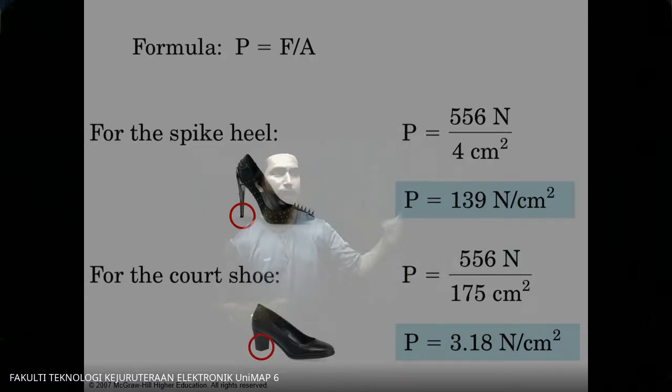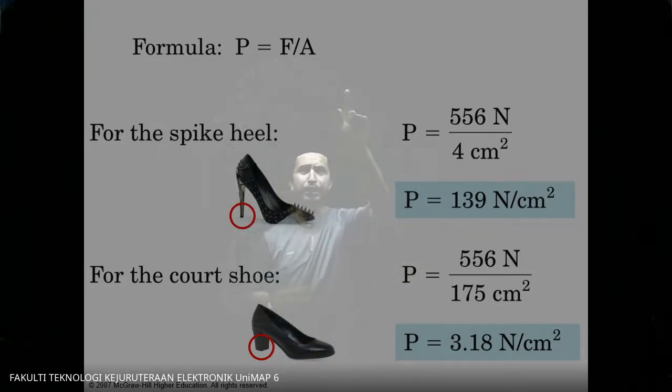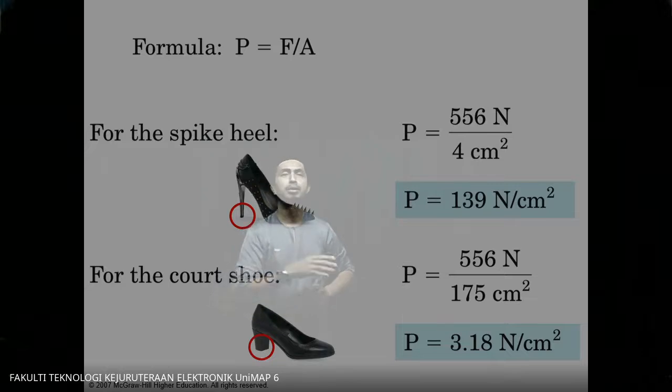So not just by logic thinking, spike heel will have more pressure, but by using the mathematical equation, we can prove that by wearing spike heel, that person will hurt more on his body, or if he hits someone, then that person will hurt more if the person is using the spike heel shoe.